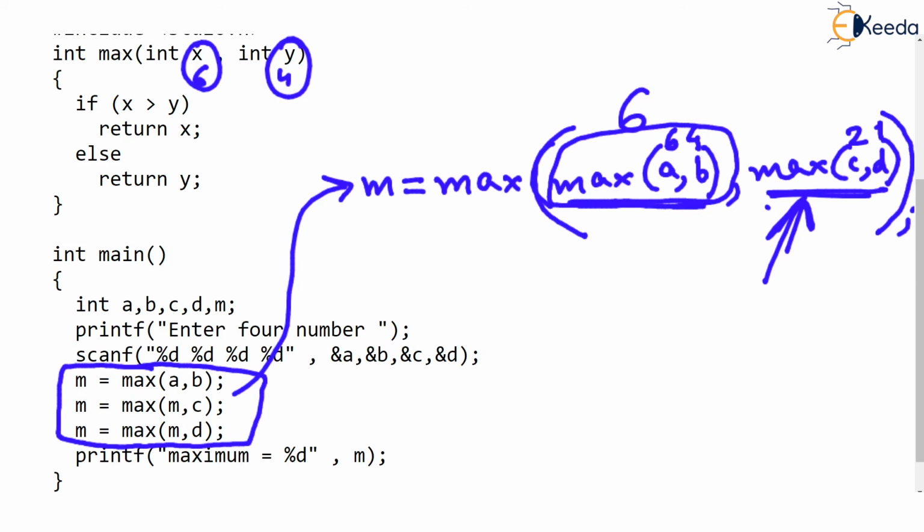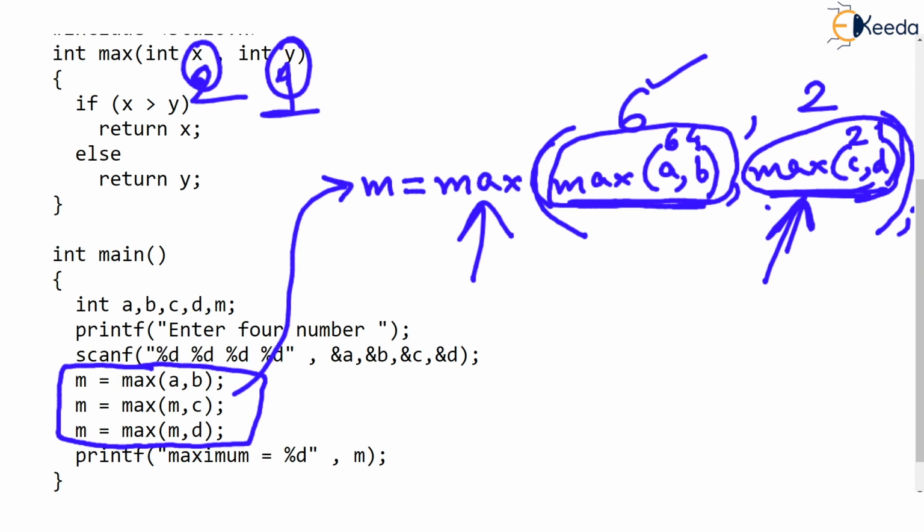So x will become 2 and y will become 1 and the function will return 2, the largest. But 2 will be returned at the call. Now are you watching? This outer max is having the values 6 comma 2. So 6 and 2 go to the function, correct? And the function returns 6 at the call. This 6 is ultimately stored by n. So you can do it like this.